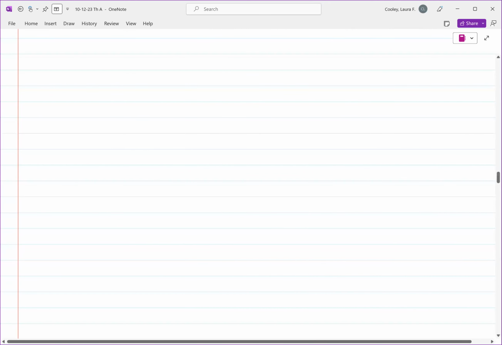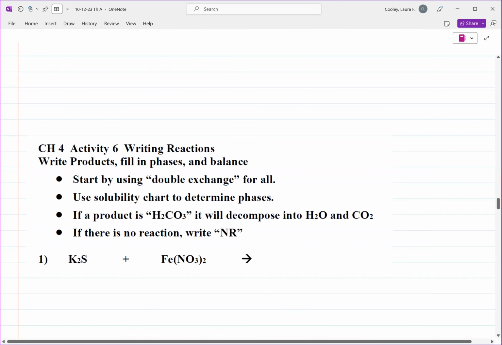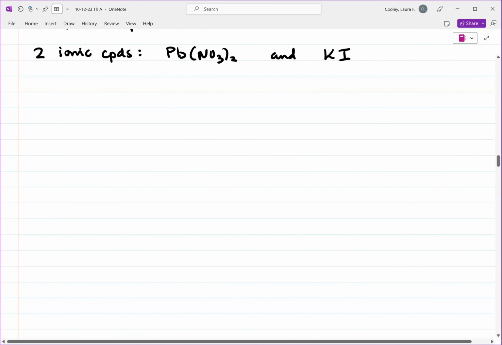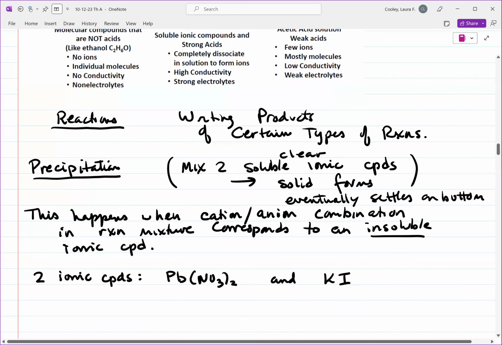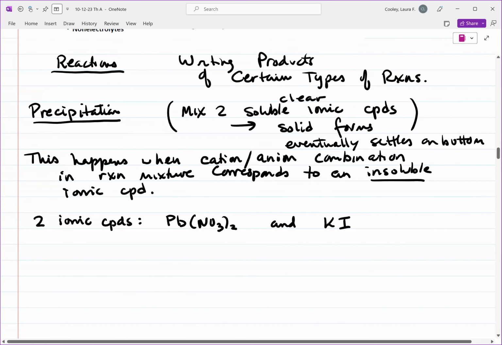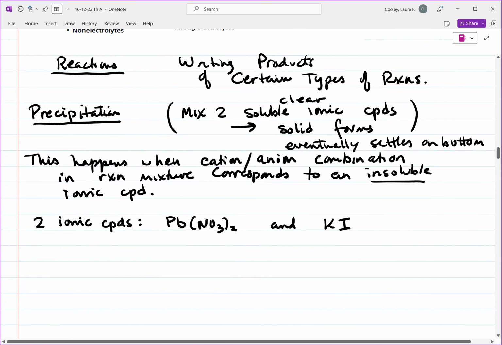I don't know. I guess I don't. But let's take out the solubility chart. The solubility chart, I believe, is on the back of this handout that I gave out last time that I still have copies of. So if you need one, you can come and get one. So turn it over, look at the back of it.